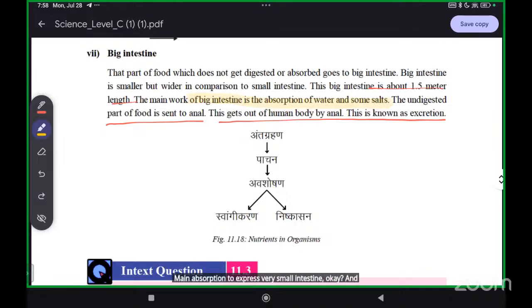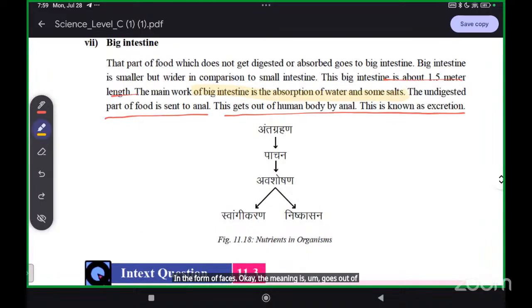Then the food goes to the large intestine, where the absorption of water and some salts takes place, and then the remaining is excreted out of our body in the form of feces.